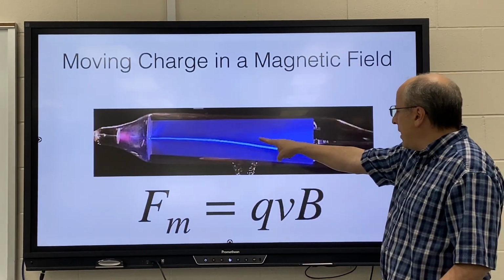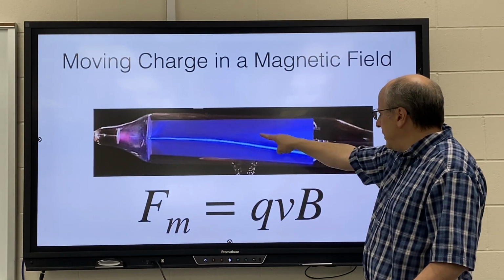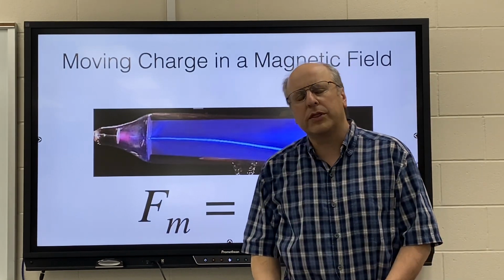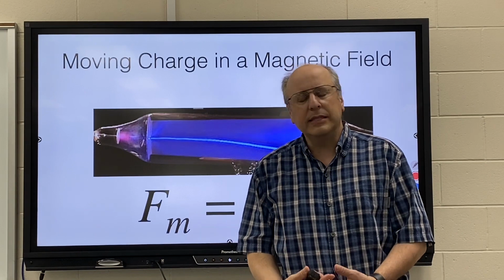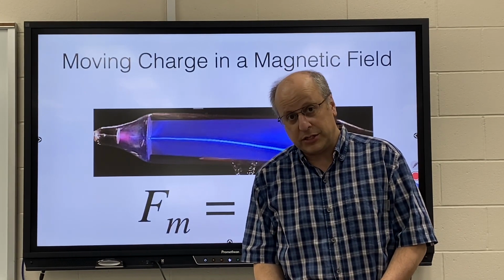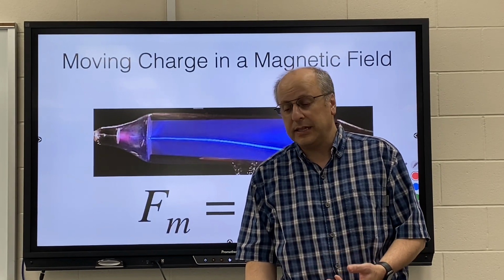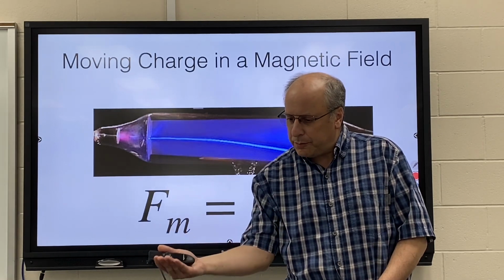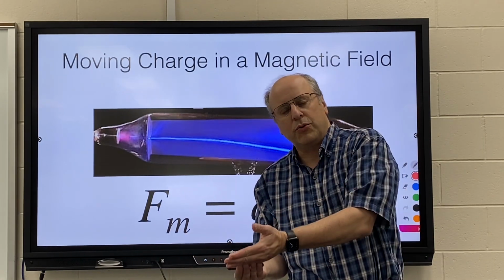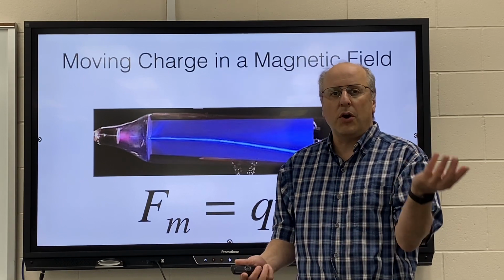You'll notice how the path deviates from the original, and you might ask, what direction does it go? It's not as simple as it was with charges, where we could easily say, oh, this is a negative plate, positives are going to go towards it. Negatives are going to go away from it.